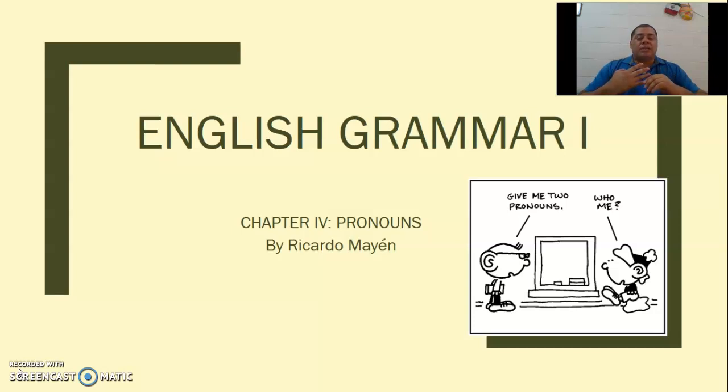What are closed classes? They are the ones that do not get new members, to put it that way. They are very limited, and instead of creating more, we eliminate some of the ones that already exist. For example, some prepositions have disappeared.